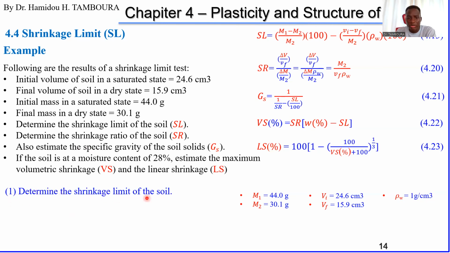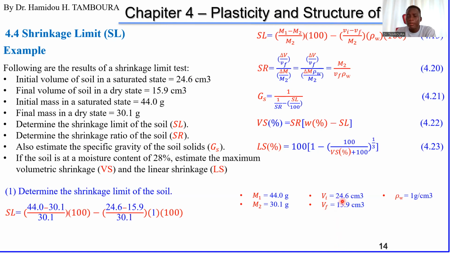First, the shrinkage limit of the soil. That's the formula here, you just apply it. M1 is here, M2 is here, and M2 again here. The initial volume, Vi, is here.